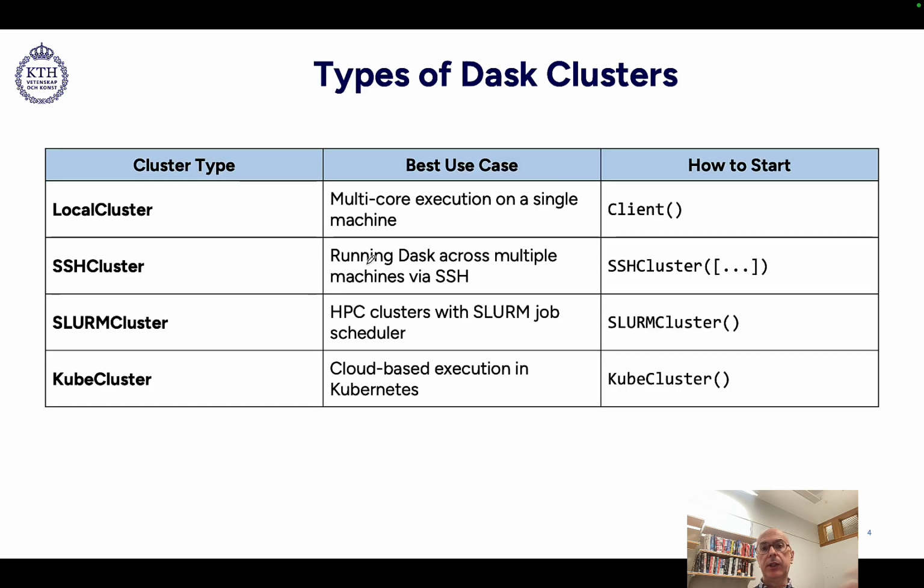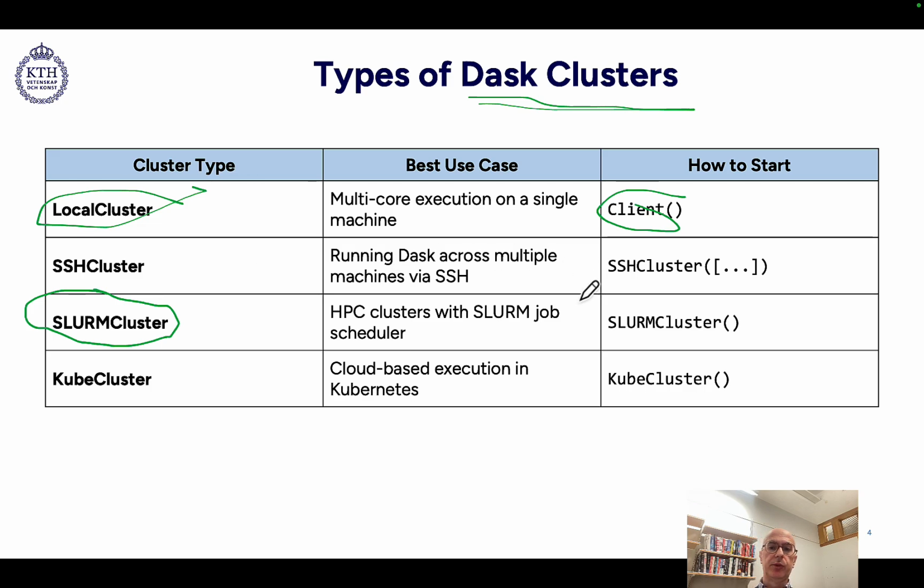I want to tell you that there are different kinds of dask cluster. If you are running on a local workstation or laptop, you will need to use a local cluster, which will support your multi-core processor, and you will start it with the client. Interesting for us, if we want to use a supercomputer, then we will need to use a SLURM cluster. SLURM is a supercomputing job scheduler.